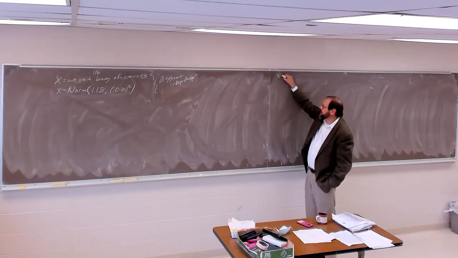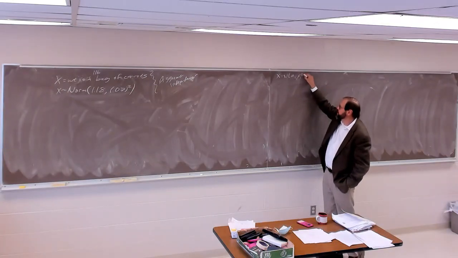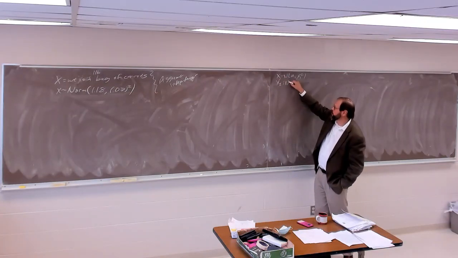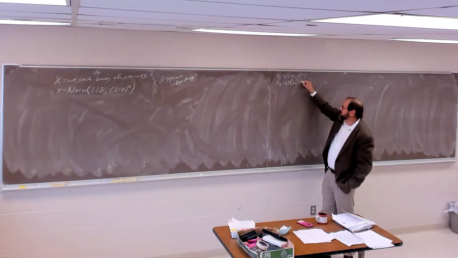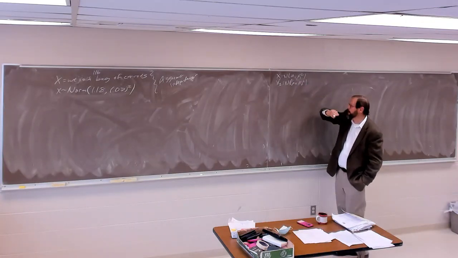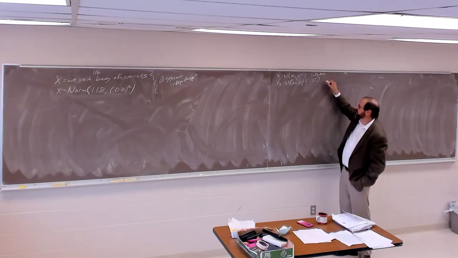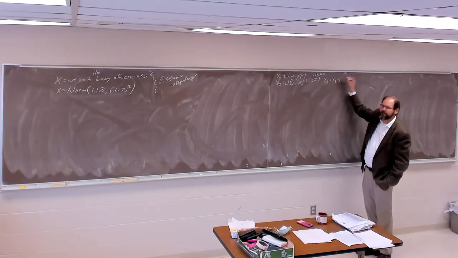We saw that if x1 is normal with mu1, sigma 1 squared, and x2 is normal with mu2 and sigma 2 squared as its two parameters, and everything is nice and independent, then x1 plus x2 is what?